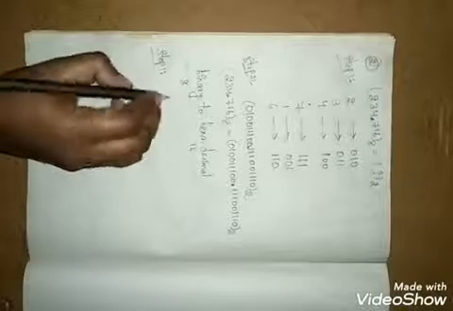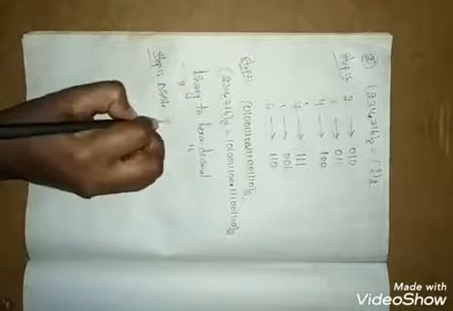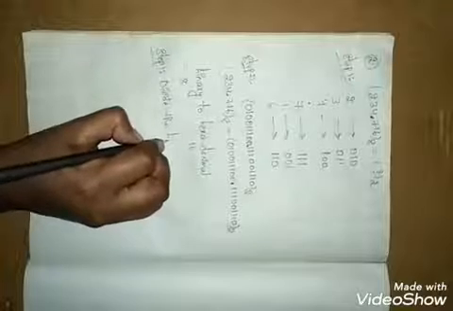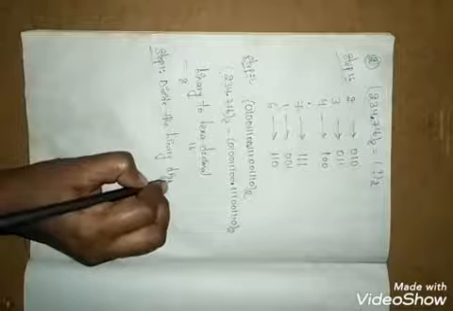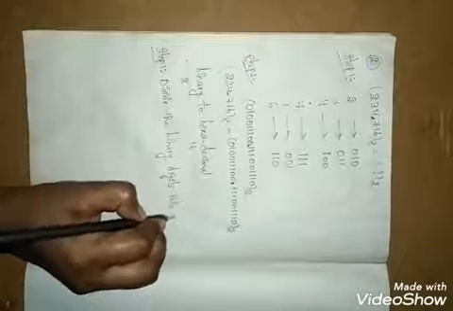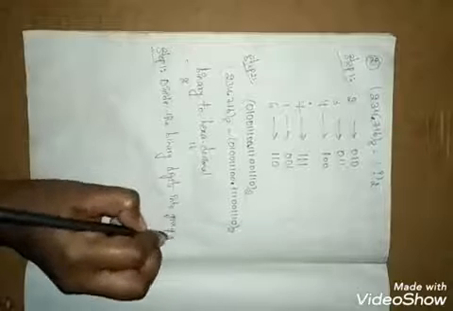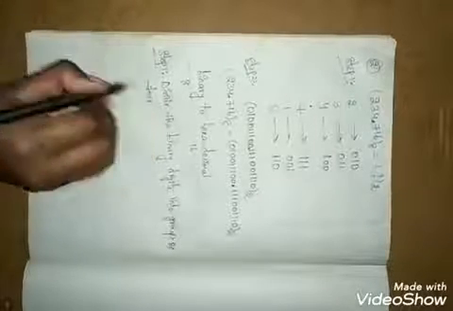Okay, so divide the binary digits into groups of 4. Into groups of 4 digits you have to take.